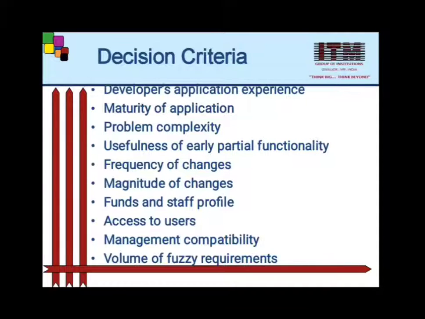For this purpose we are using these criteria: developers' application experience, maturity of applications, problem complexity, usefulness of early and partial functionality, frequency of changes, magnitude of changes, funds and staff profile, access to the users, management compatibility, and volume of fuzzy requirements. For any project, based on assessment of these criteria, a decision can be made about whether prototyping should be done, and if yes, what type of prototype should be built.